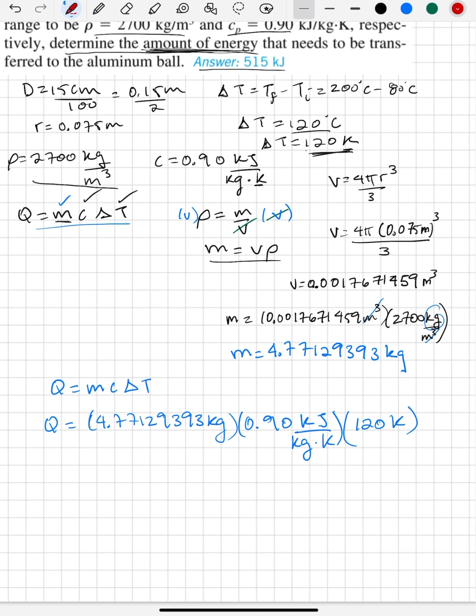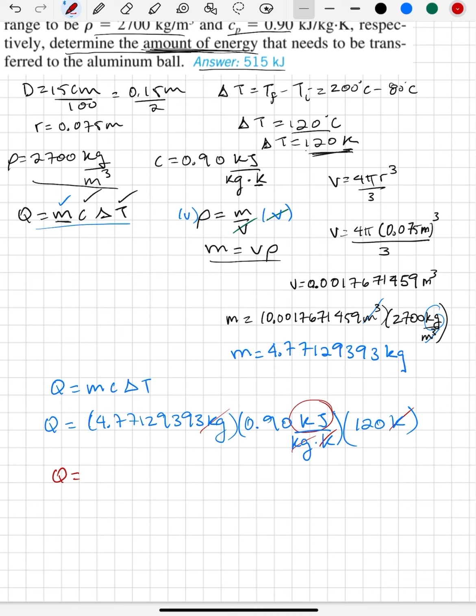I can now cancel the units, so kelvins cancel out, kilograms cancel out, and I end up with kilojoules. You put all of that into the calculator, and what you're going to get is 515 kilojoules.